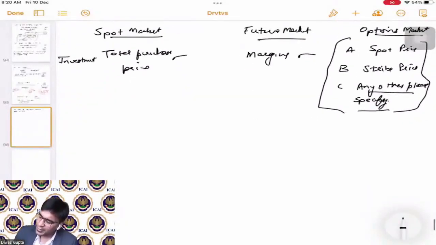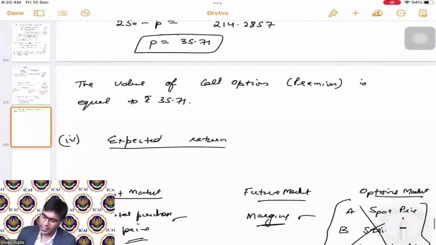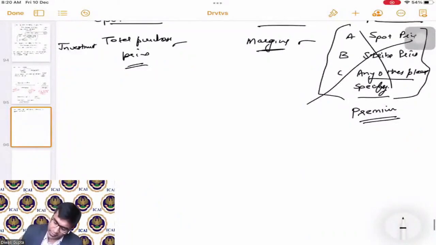Good attempt. So I can say that in options market, premium is the investment. Now to calculate the return, what is the question asking? Expected return on option.